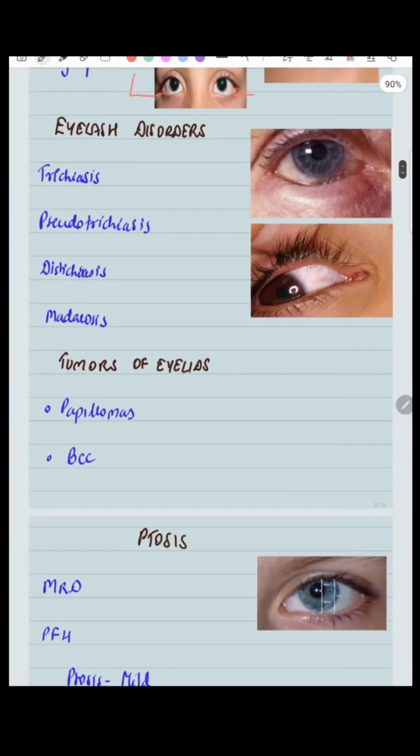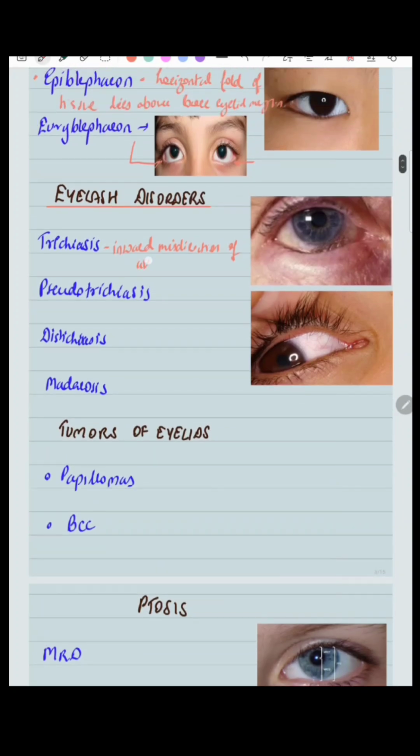Now coming to eyelash disorders. Eyelash disorders can be of different types, that is trichiasis. Trichiasis is inward misdirection of cilia. Now pseudotrichiasis is an inward misdirection of cilia along with the lid margin.